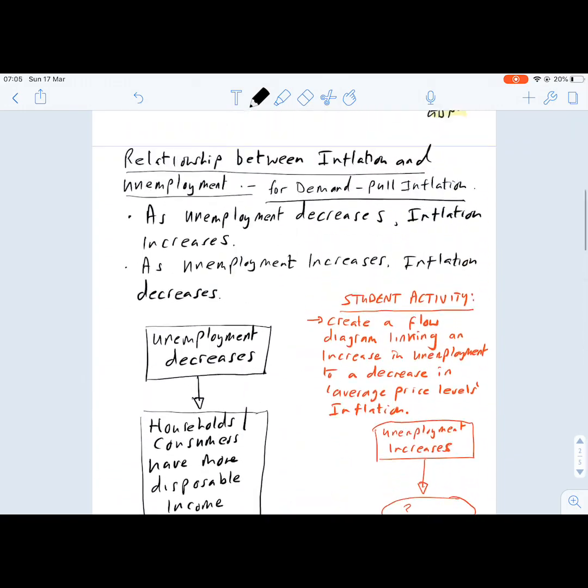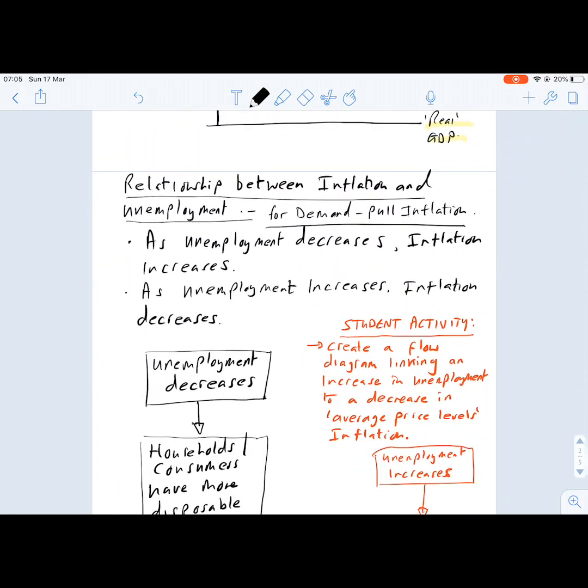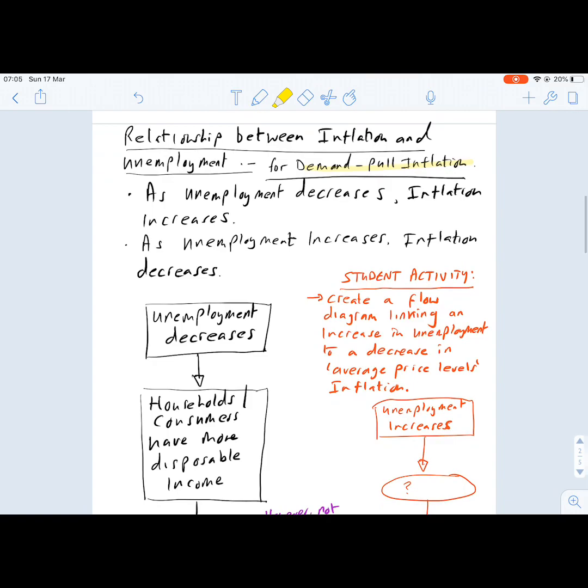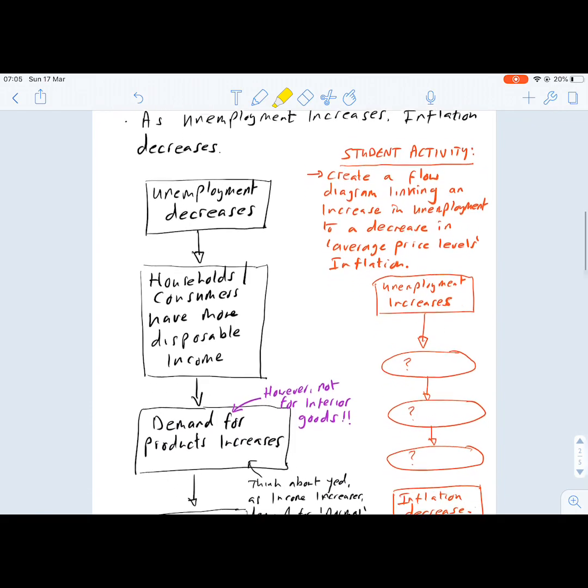So just to recap, when it comes to demand pull inflation, as unemployment decreases, inflation increases, and as unemployment increases, inflation decreases.